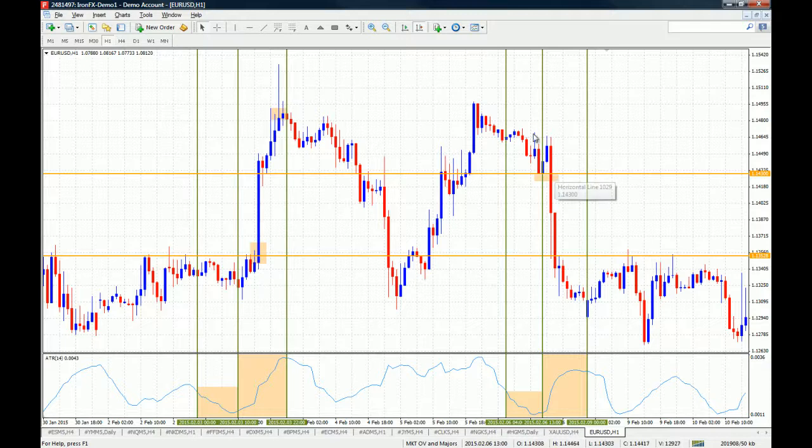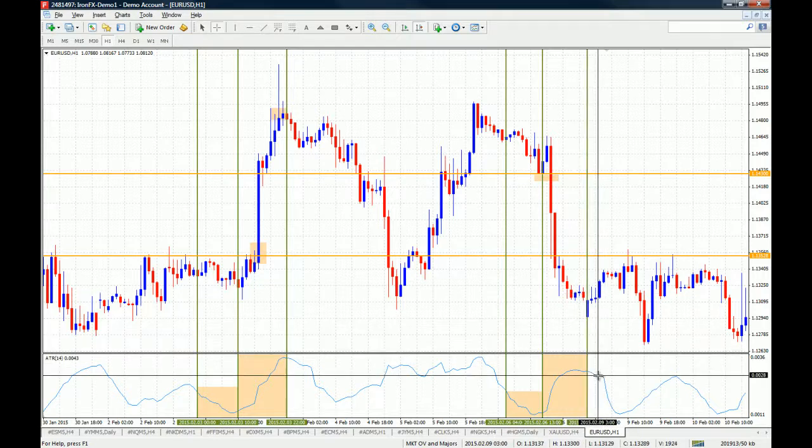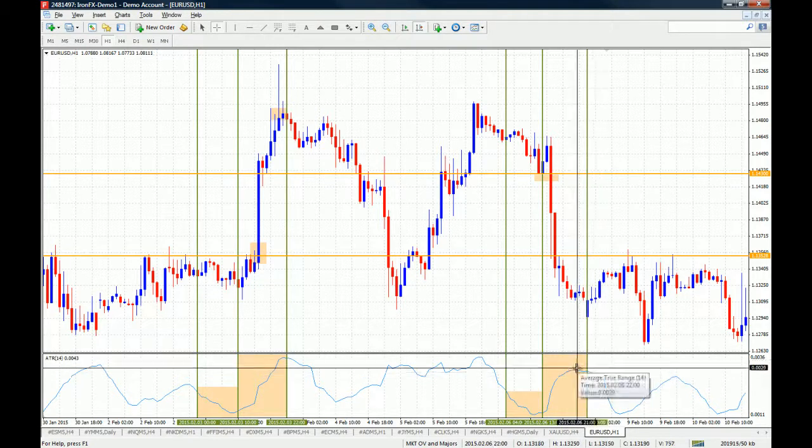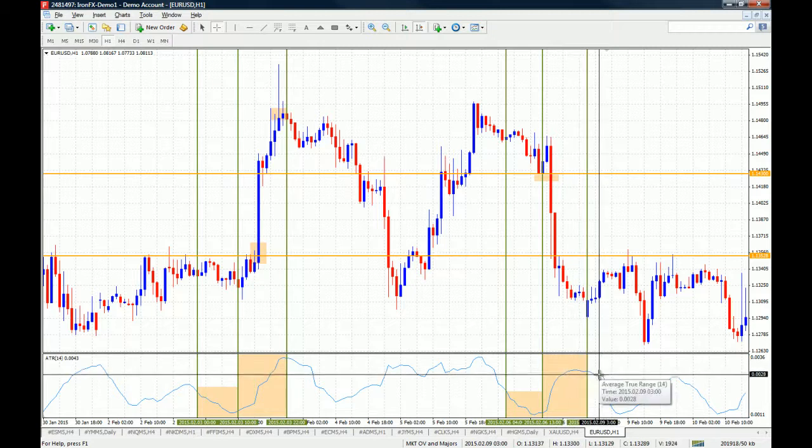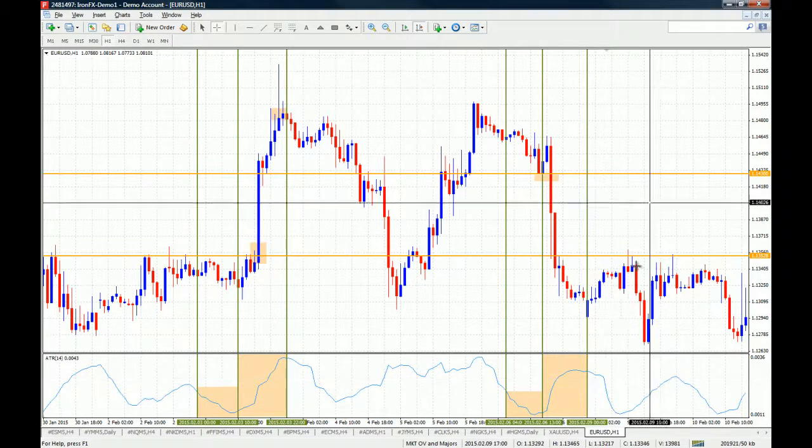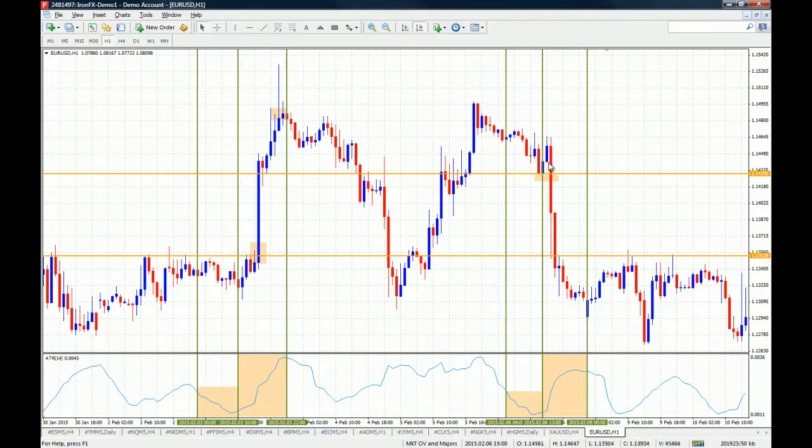Now we have an entry to go short, and just by using this ATR, you can see that when the ATR slope starts to go to the downside, it means that we have a decrease in the volatility that made price move to these low levels. So we should get out right here. Okay, now this would have given us another 120 pips to the downside.